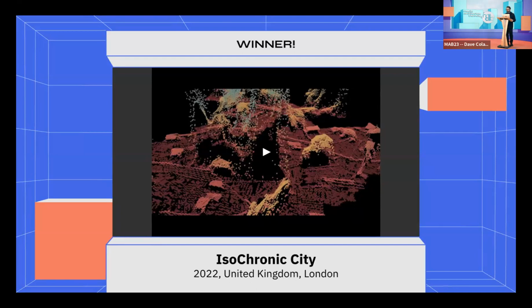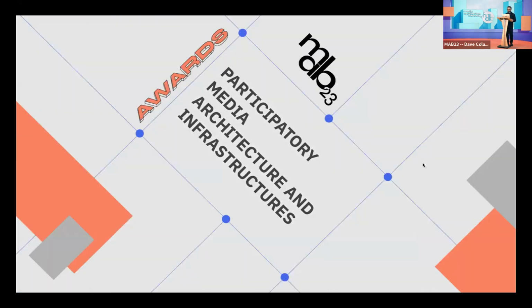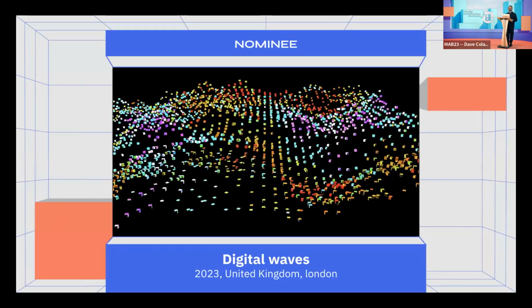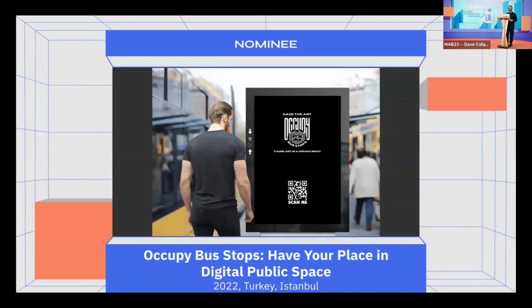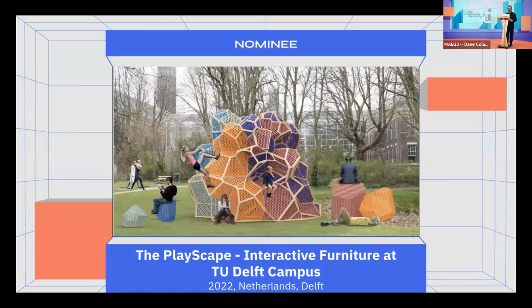Moving on to our next category. Participatory media architecture and infrastructures. The nominees for this category are Digital Waves, Occupy Bus Stops, Have Your Place in Digital Public Space, and The Playscape, Interactive Furniture at TU Delft campus.